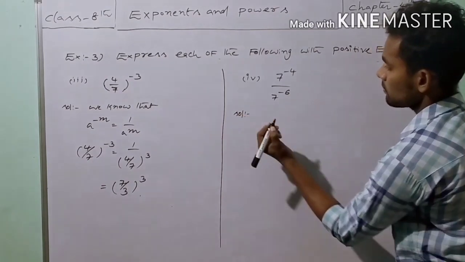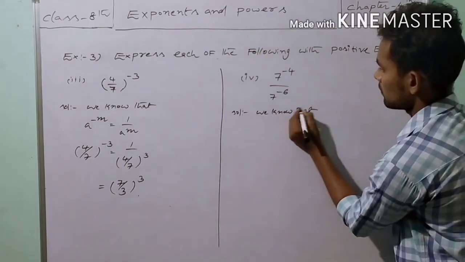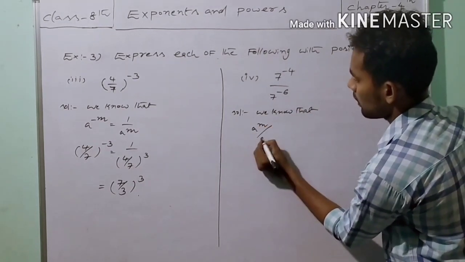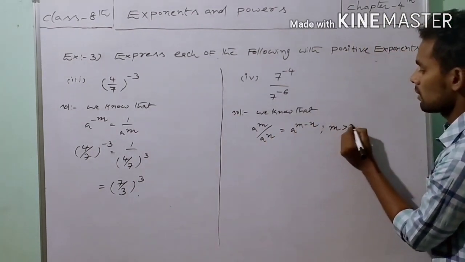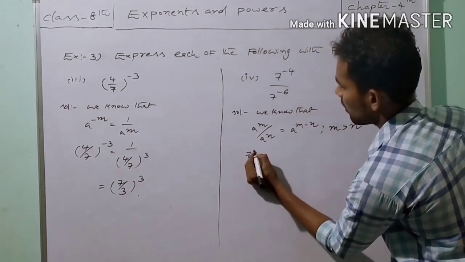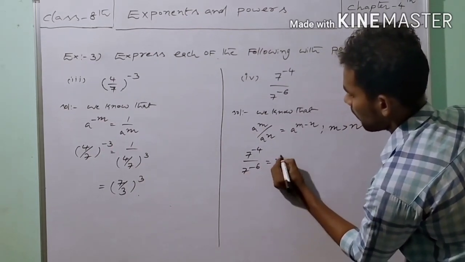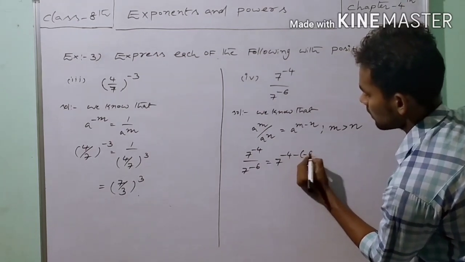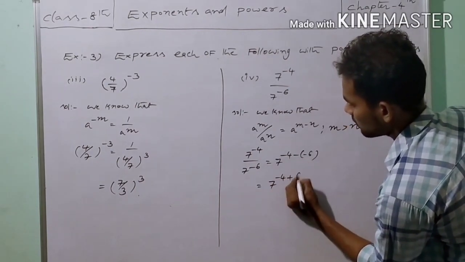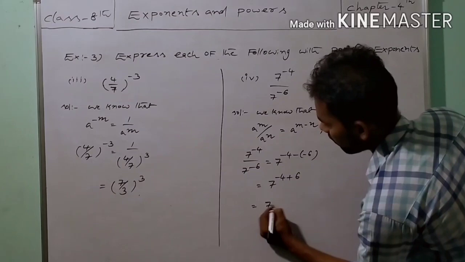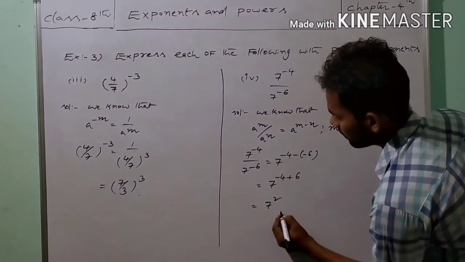Solution, we know that a power of m by a power of n equals a power of m minus n, where m is greater than n. 7 power of minus 4 by 7 power of minus 6 equals 7 power of minus 4 minus of minus 6, equals 7 power of minus 4 plus 6, equals 7 square.